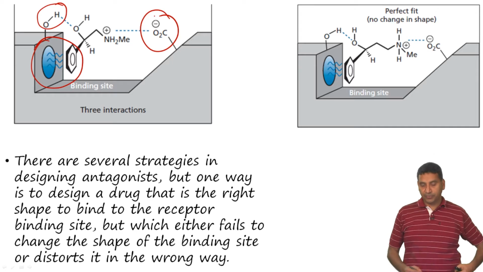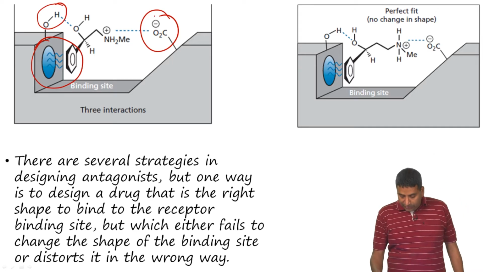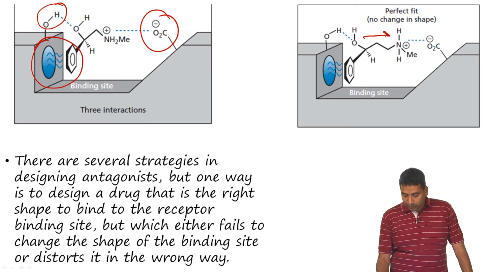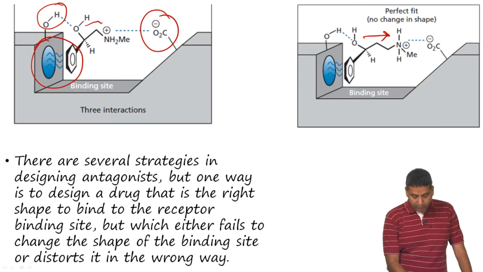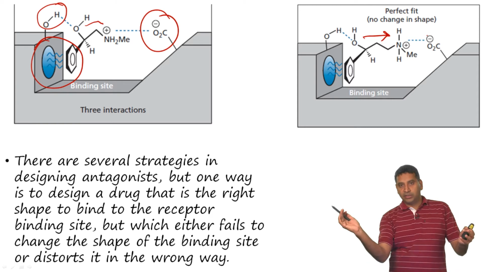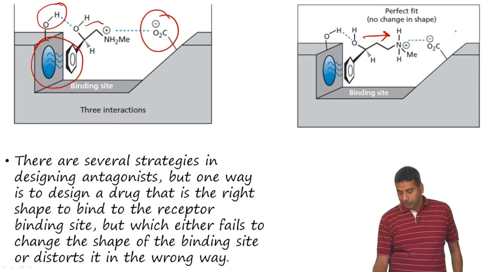In the case of the antagonist, what one could do is elongate this chain a little bit. Keep in mind that this is where the binding happens, but if you elongate this chain a little bit, the conformational change that we would expect from here to here may not happen.